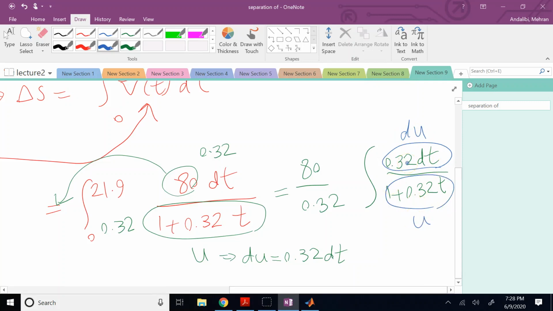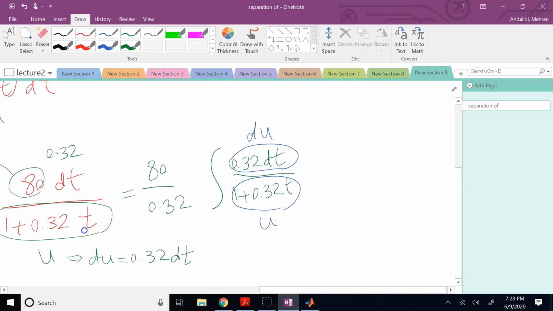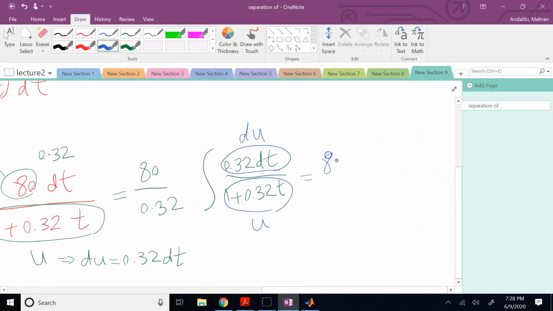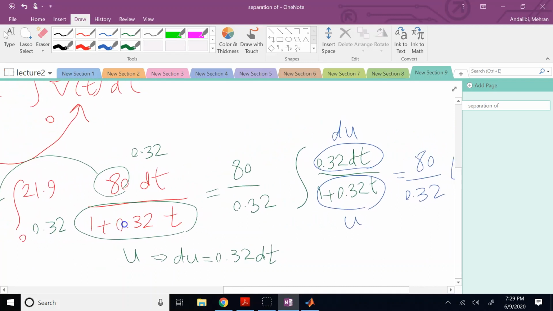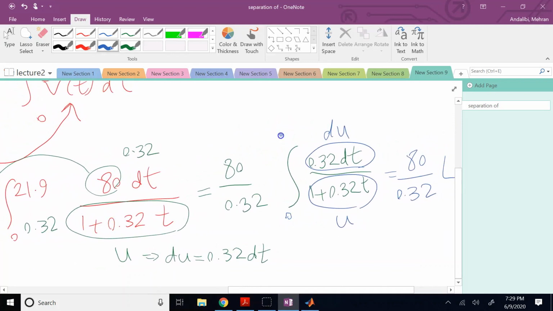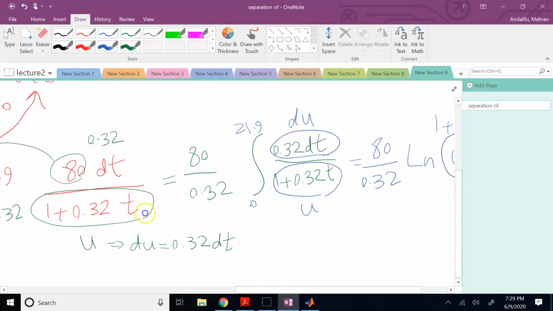And now this guy is du, and this one is u. And integral of du over u is what? Natural log of u. So it is going to be 80 over 0.32, natural log of u. But u itself is 1 plus what? 0.32 t. And then for t, you plug in the upper and lower numbers, which is 0 and 21.9.